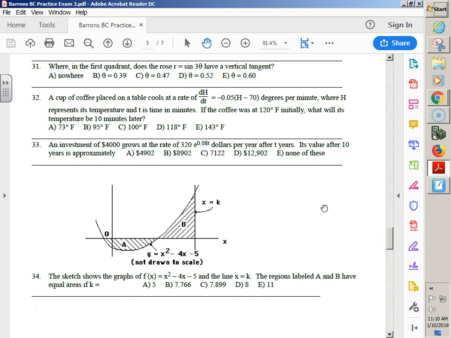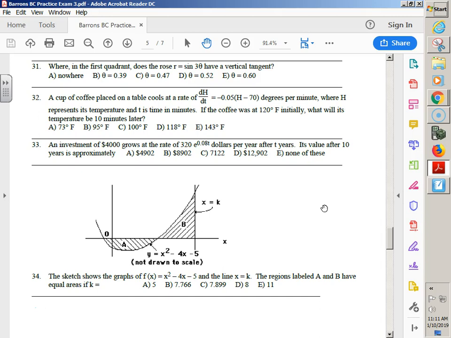Wait, why would coffee cooling be logistic growth? The water eventually flattens out at the temperature of the room, because you have a limiting constant of the room temperature. Yeah. What's it say though? What will be its temperature 10 minutes later? Oh, you would have to integrate, separation of variables. Is it possible? Yeah.